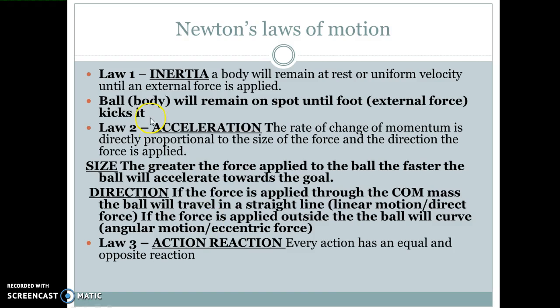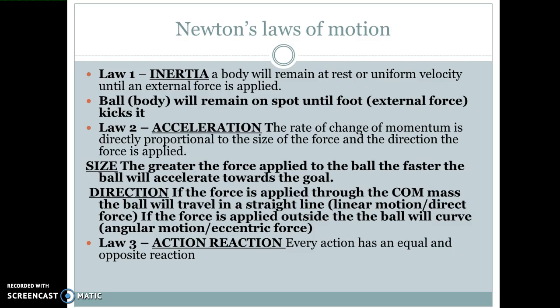Going through quickly, law 1, the law of inertia, suggests that a body will remain at rest, stationary or at uniform velocity, until an external force is applied. If you imagine a golf ball, it would stay on a tee until a force was applied to it. That force would be the golf club hitting the ball and moving it off.